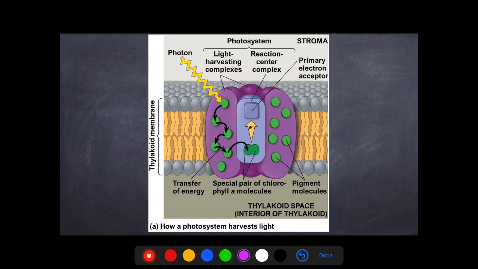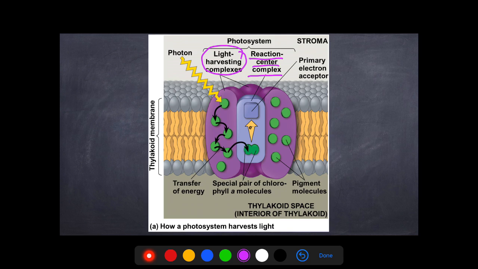So if we look at this diagram, what you are seeing right here is pretty much a photosystem, right? So you're seeing the light harvesting complexes right here, and then you're seeing a reaction center complex also in the middle. So the photosystem is made up of a light harvesting complex and a reaction center complex.